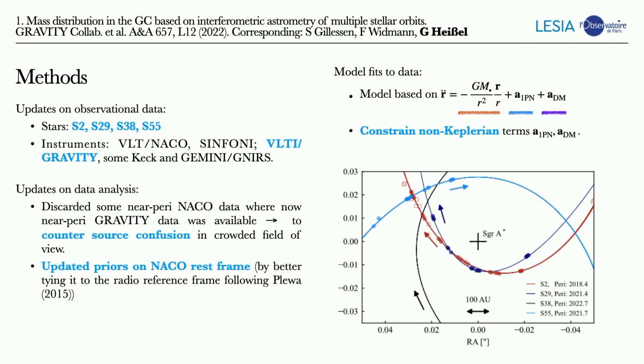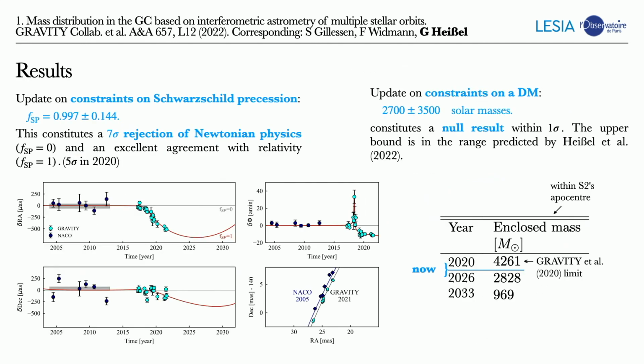So this also has been refined, and then we again fitted a model based on these equations and tried to constrain those two terms here, the relativistic precession and the dark matter precession. And what is the result? We improved the measurement of the Schwarzschild precession from a 5 sigma rejection of Newtonian physics to a 7 sigma rejection of Newtonian physics.